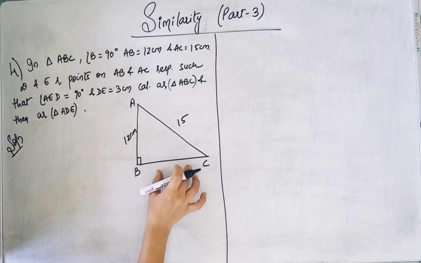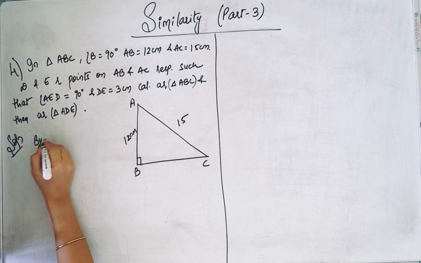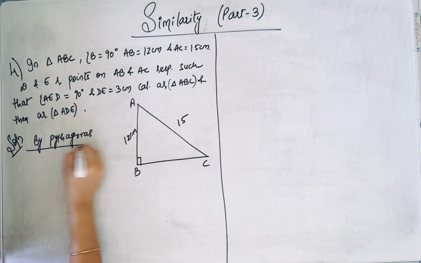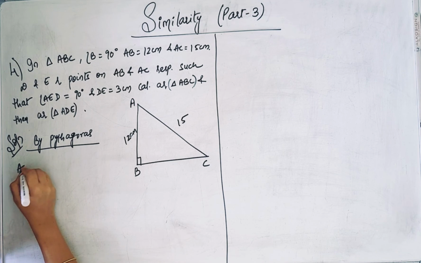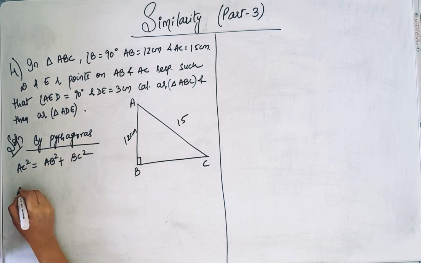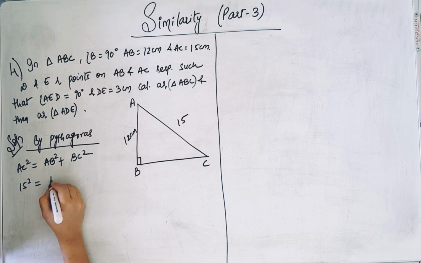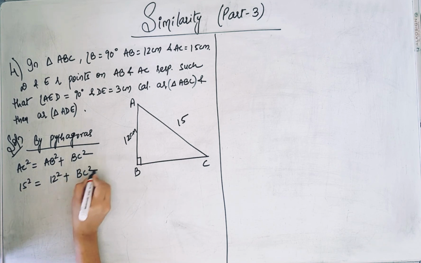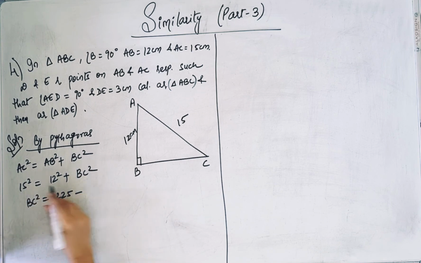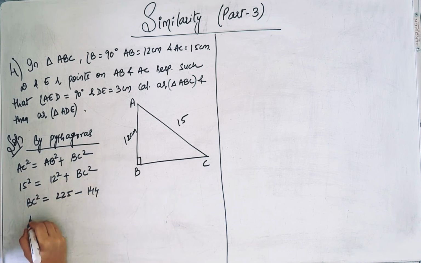So first of all we'll calculate this BC. How can we calculate? By Pythagoras theorem. AC square equals AB square plus BC square. Thus 15 square equals 12 square plus BC square. So BC square will be 225 minus 144.